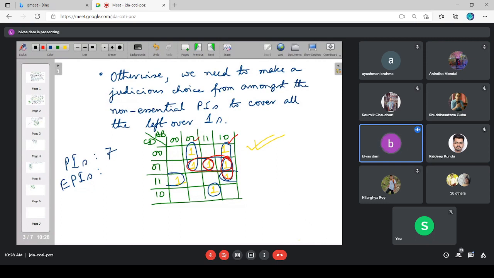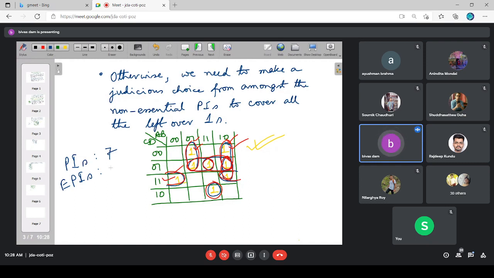And see, this fellow, this fellow, and this fellow. These 3 PIs are essential. This one is essential due to this cell. This PI is essential due to this one. This group is essential due to this one, and definitely there is no other taker for this one. So these 4 are the essential PIs.